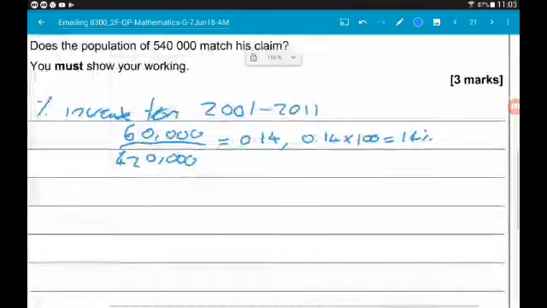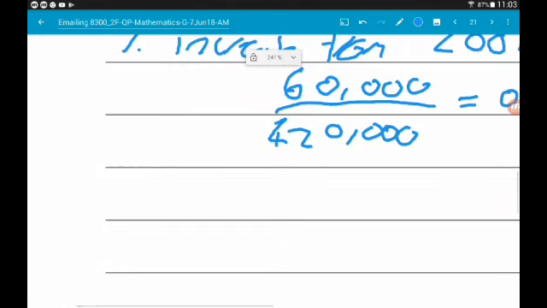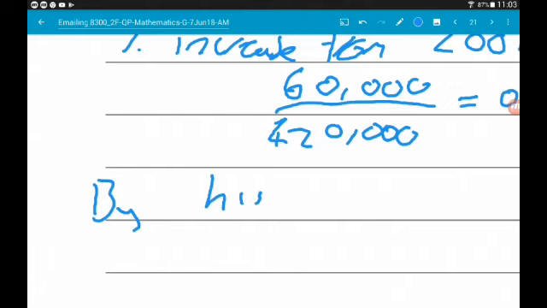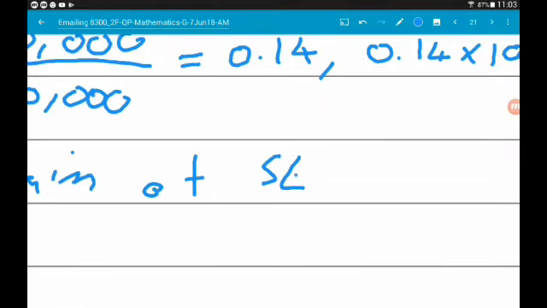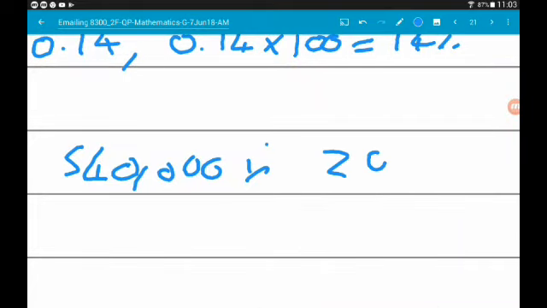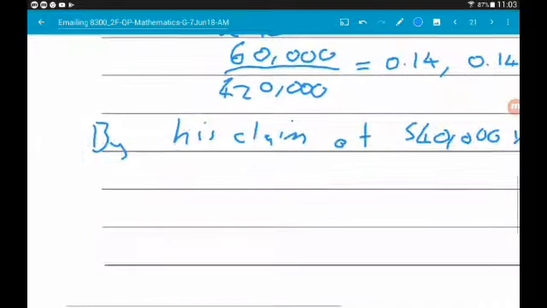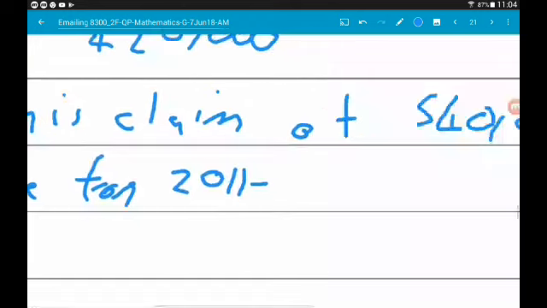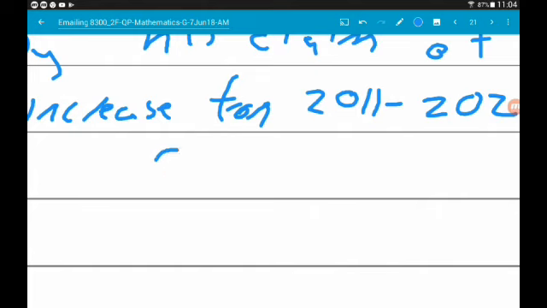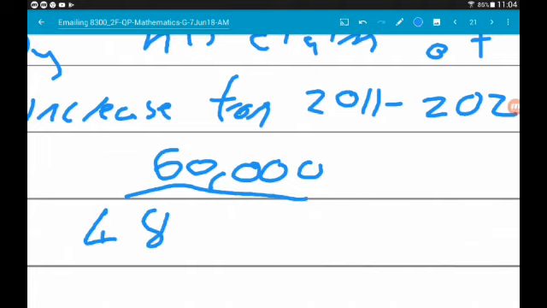Now let's work out by his claim of 540,000 in 2021, and then the increase from 2011 to 2021 would be 60,000 over 480,000.